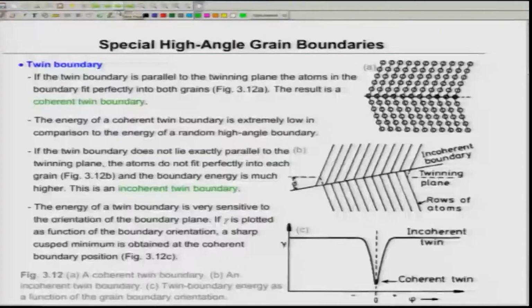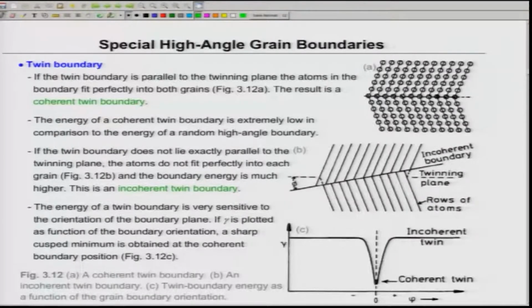A twin boundary is parallel to the twin plane. So, what is a twin plane? Here there is a twin plane along this dotted line. You can see the atomic planes have distorted, or rather deformed, in such a way that if I place a mirror along the twin boundary, one set of planes becomes the mirror image of the other set of planes. That is what a twin boundary is.